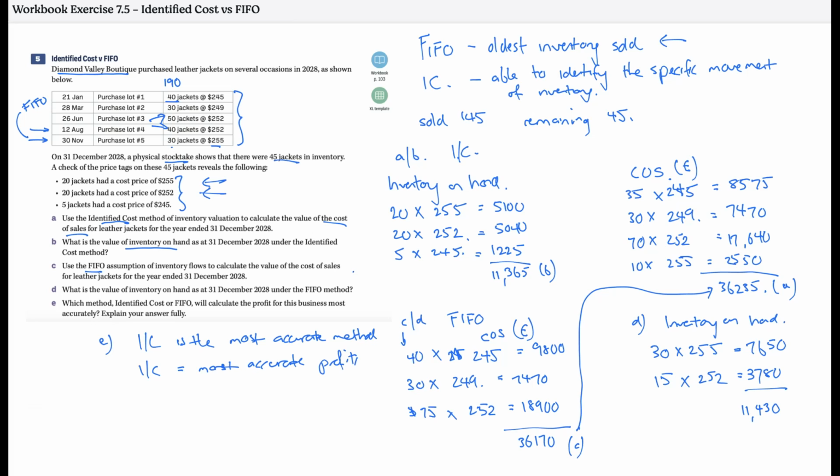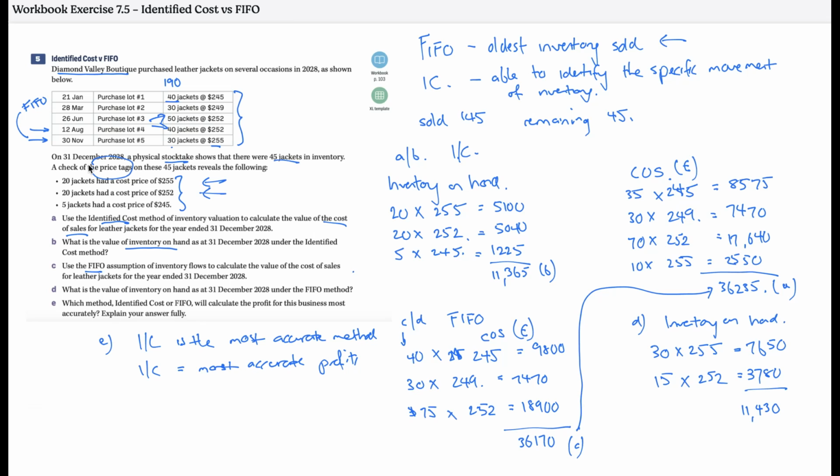So I'm just writing in dot points. You would put this, of course, into a complete sentence, and feel free to look at the solutions in your textbook to see that. It's the most accurate because it actually knows the actual cost of the goods that have remained and the cost of the goods that were sold. And in this case, it's been done via price tags.